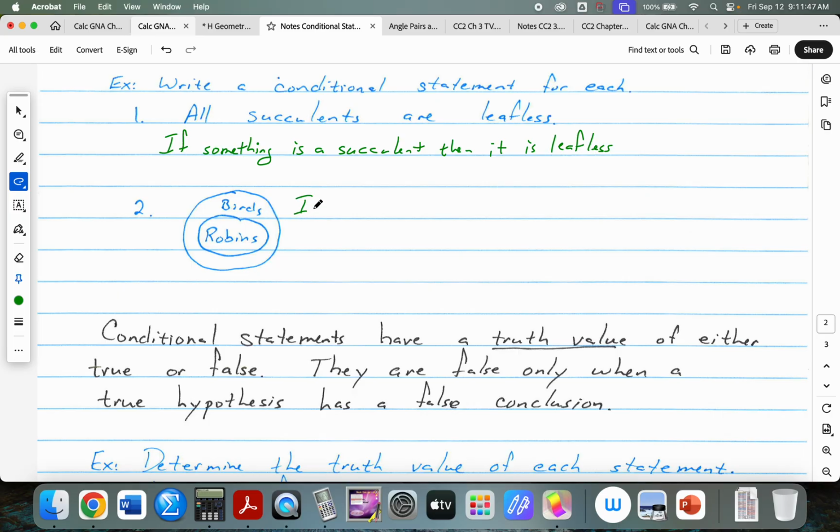So if something is a robin, so if it belongs to this group, then it's necessarily part of the group of things that are birds. Then it is a bird.